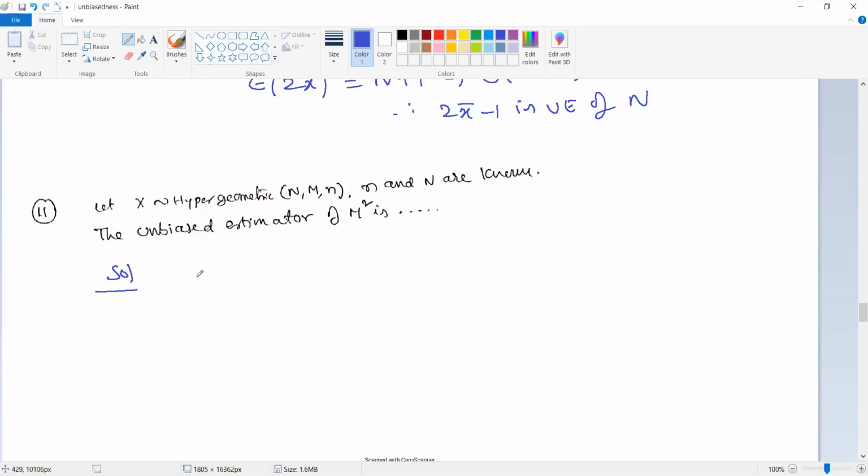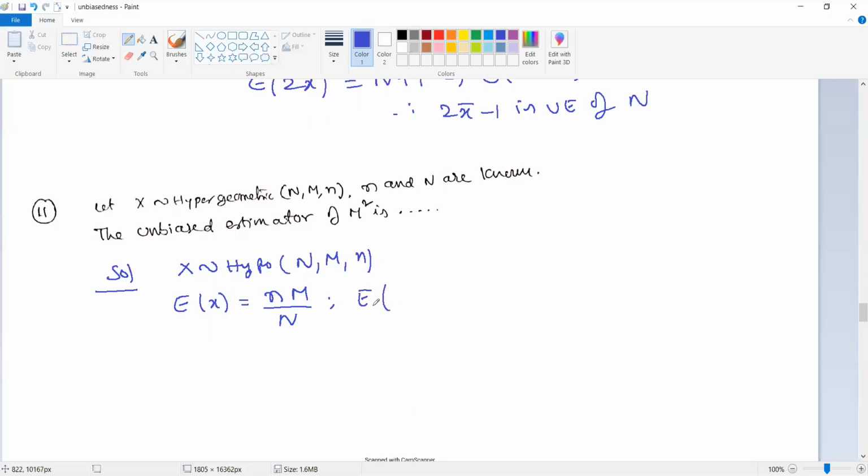Problem 11. X follows the hypergeometric distribution with parameters capital N, capital M, small n. Now E of X is equal to small n into capital M by capital N, the main property of the hypergeometric distribution.